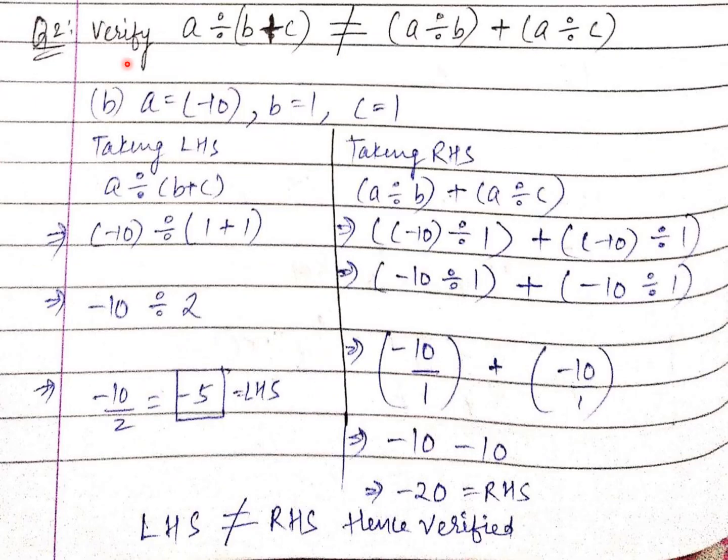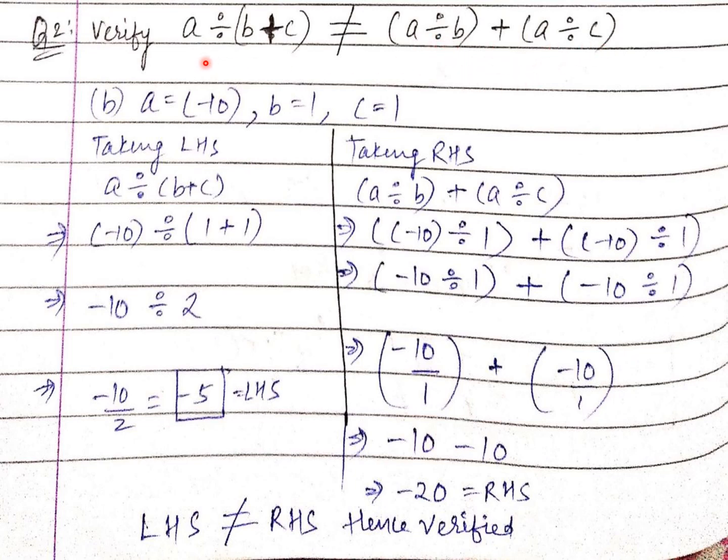Now question number 2 is: verify a divided by b plus c is not equal to a divided by b plus a divided by c. If you remember, something like this we studied in multiplication also, where the property was a multiplied by b plus c was equal to a into b plus a into c.